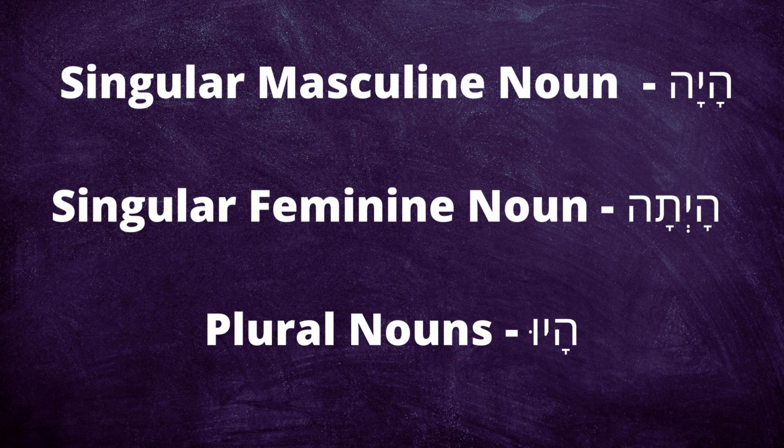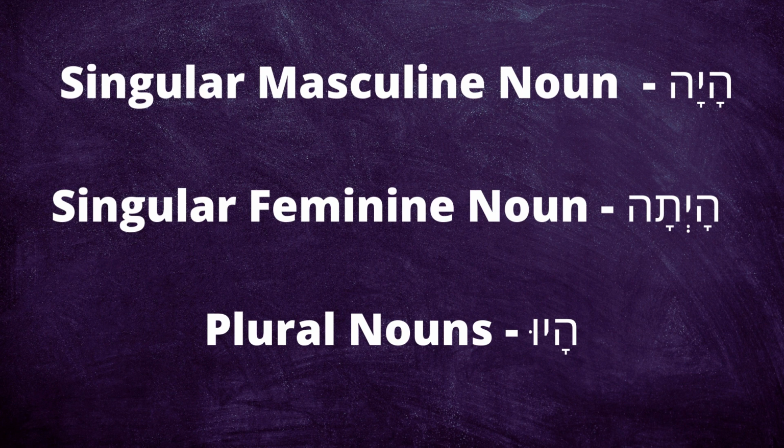Haya or Haita. We will use one of these when we're referring to a singular noun in the past. Please remember to adjust it according to the gender of the noun. Haya for a masculine noun, Haita for a feminine noun. Hayu.